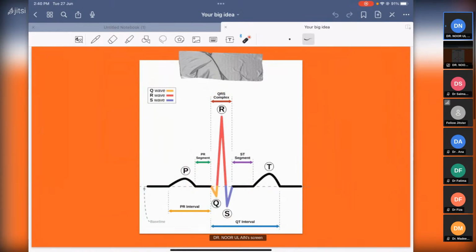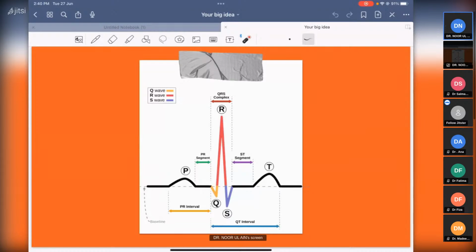Ventricular depolarization, but which part of the ventricle is being depolarized? The septal part, right? So Q represents the ventricular septal depolarization. R is the major chunk of the ventricle being depolarized, and S is the base of the ventricles being depolarized. So overall, the QRS complex means the ventricles undergoing depolarization.